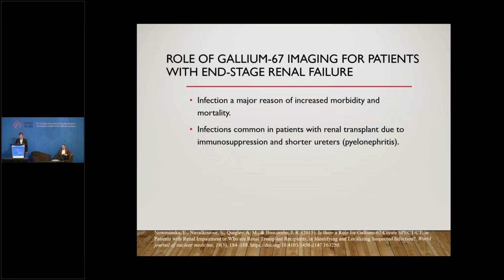Role of gallium imaging for patients with end-stage renal disease. Well, patients who have a renal transplant are immunosuppressed because of the anti-rejection medications. And if they have a renal transplant, the transplant has short ureters, so they're susceptible to pyelonephritis.